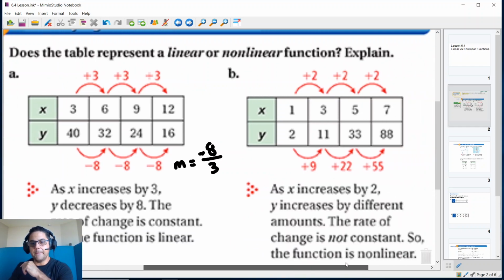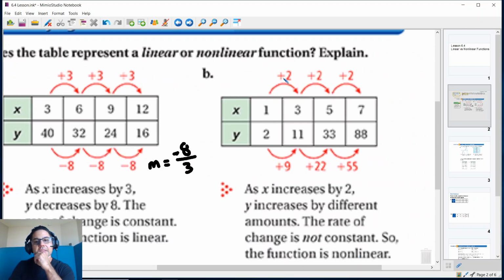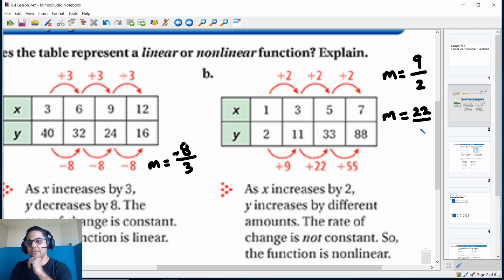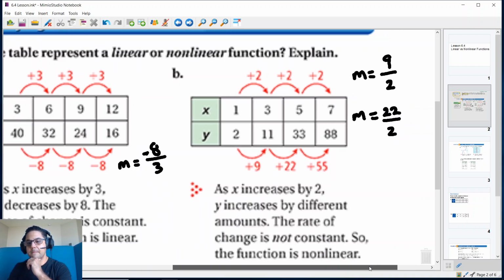But over here on B, if you notice, all the x's, or the run, would be plus 2, so that part's constant. But looking at the y, it'd be a plus 9, a plus 22, a plus 55. That means I would have 3 individual slopes. So remember, rise over run. That would be 9 over 2, and then you'd also have 22 over 2, which is 11.